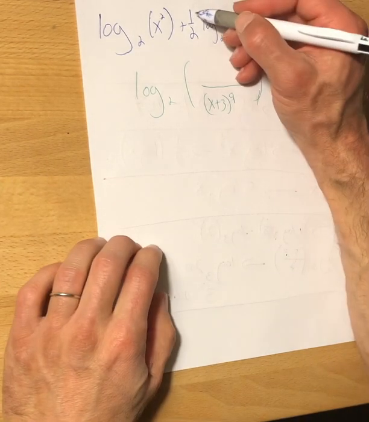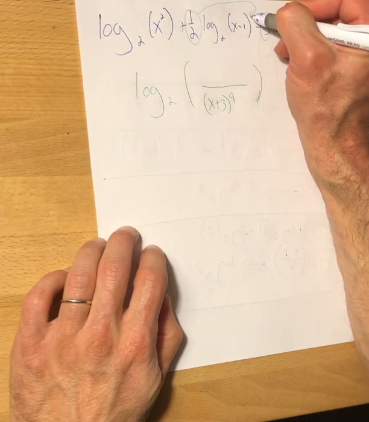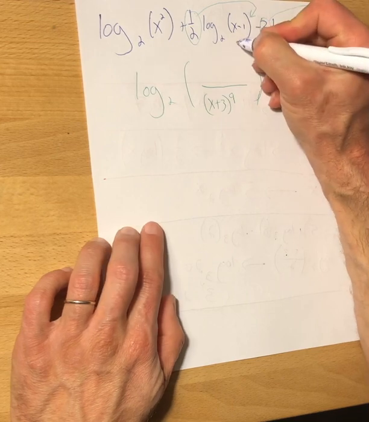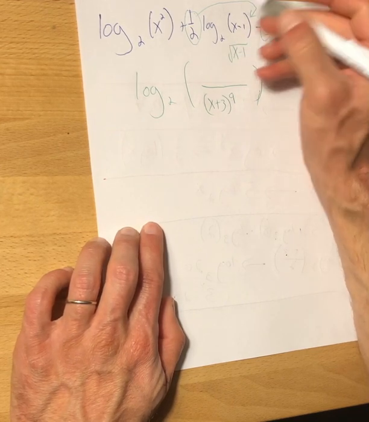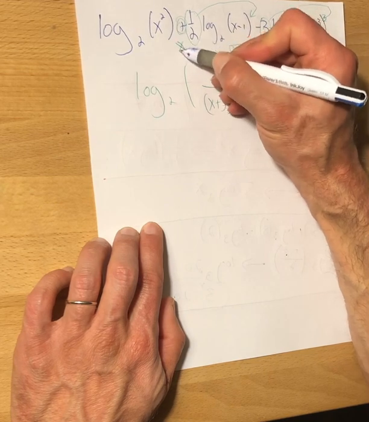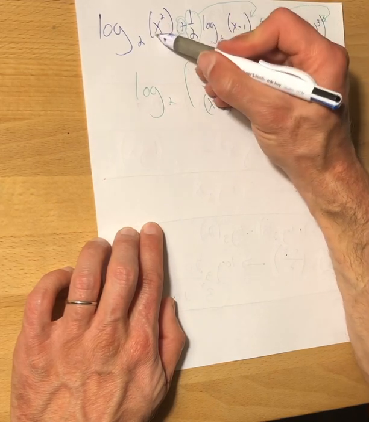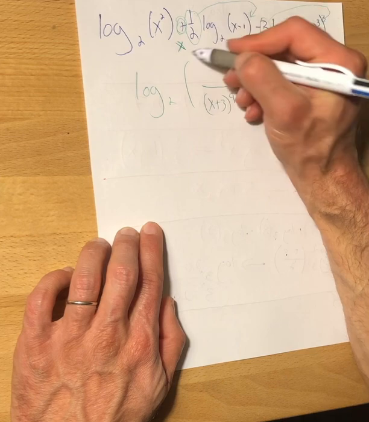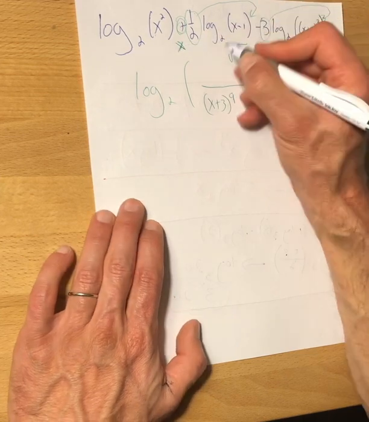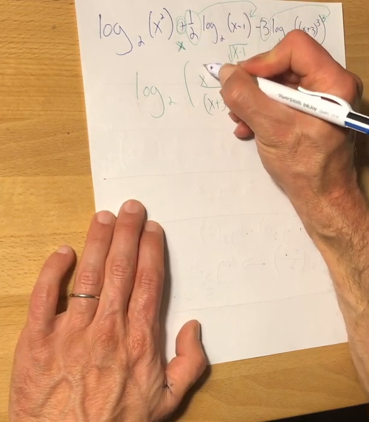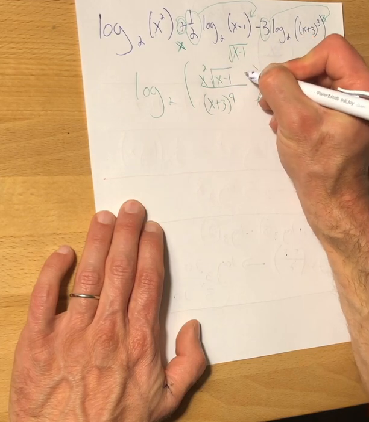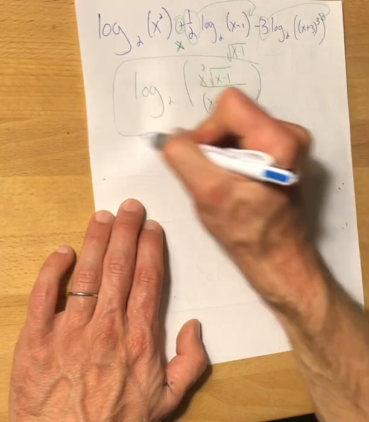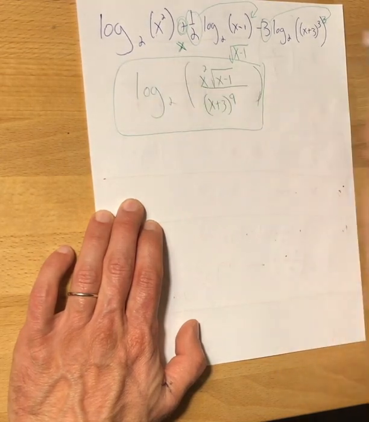This 1/2 comes here, and it becomes x minus 1 square rooted. Addition means multiplication. So x squared times root x minus 1, which is x squared root x minus 1. And this is the condensed version of this.